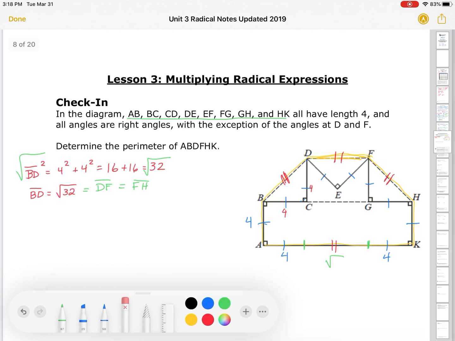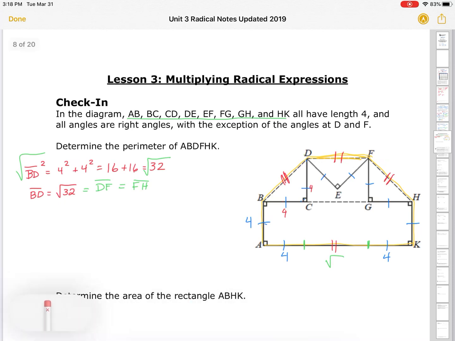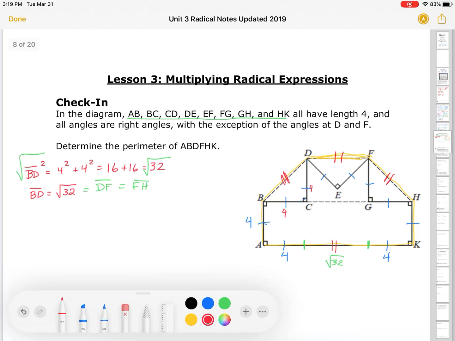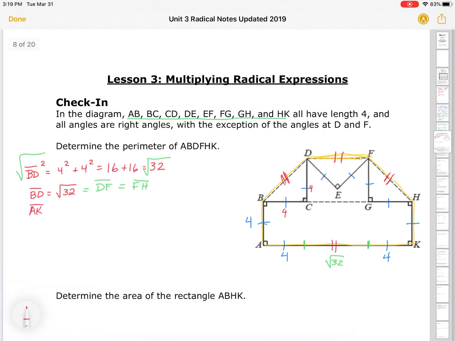Oops, why did I write root 35? We'll never know. So it's root 32. Okay, so let's think about what we have. We need to know then what AK is. AK is equal to 4 plus root 32 plus 4.